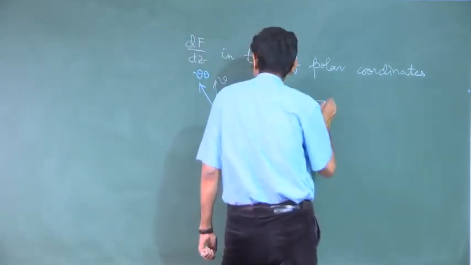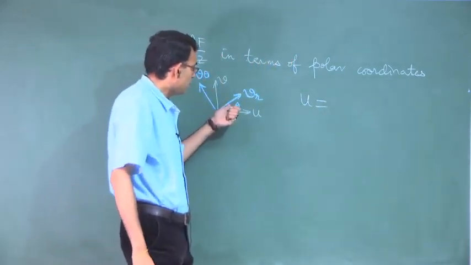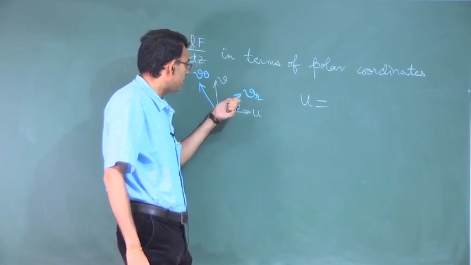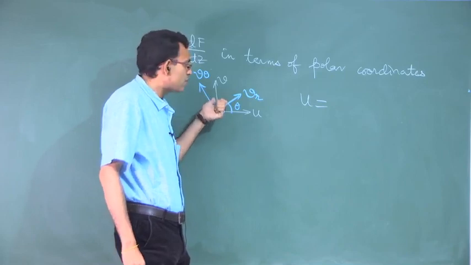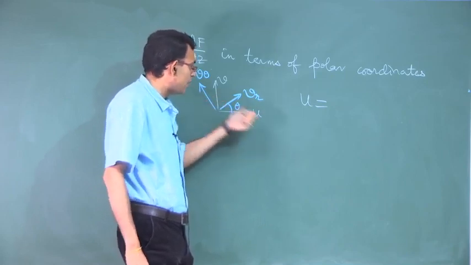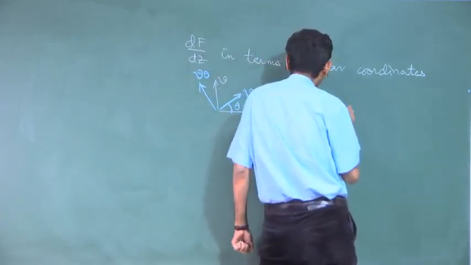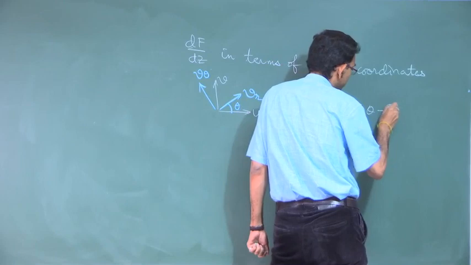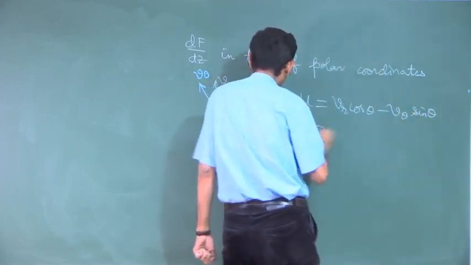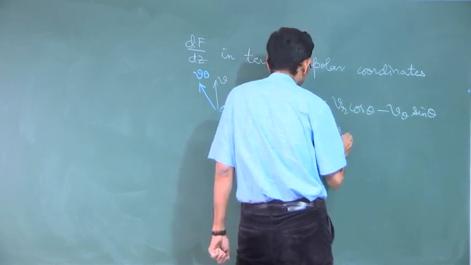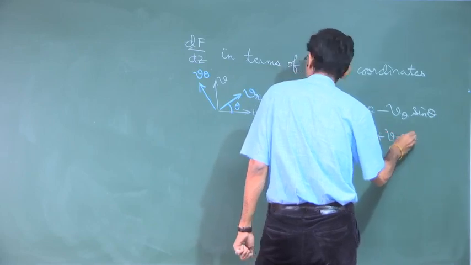So, what is u? Now you resolve Vr and V theta along x and y. The resolved components along x together will be u and along y together will be v. So, u will be Vr cos theta minus V theta sin theta, and v is Vr sin theta plus V theta cos theta.